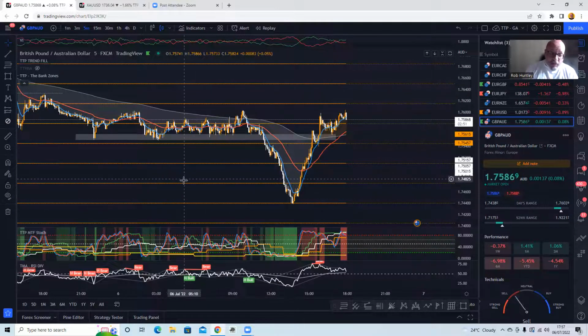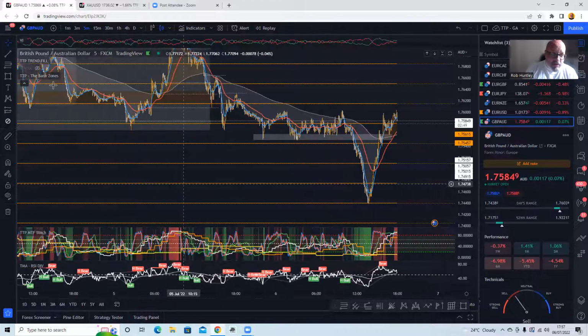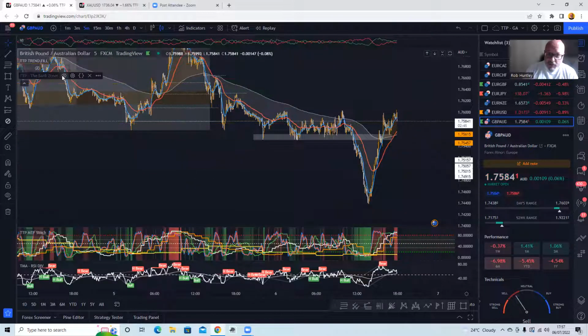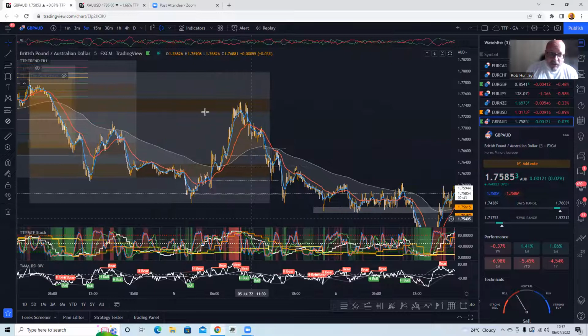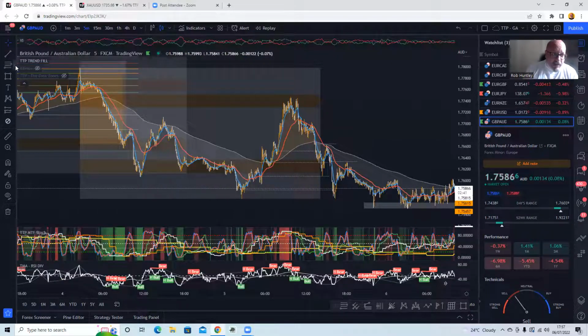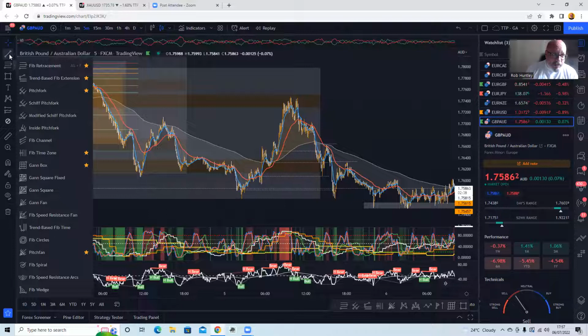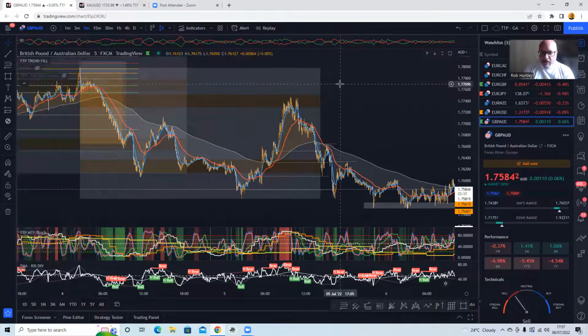So those zones, let me turn those 35 pip lines off just so it's a bit easier. It's just a fib retracement tool, and to get that, it's normally the second one down here, fib retracement. I've got a little star on it as a favorite, and then I've got different templates.